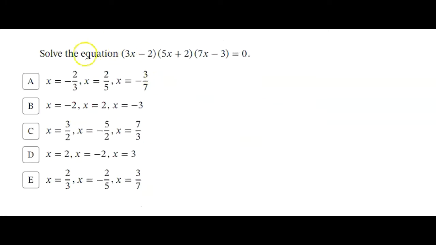So this is the question for the cubic equation. We need to solve the equation where this cubic equation is already nicely factorized into its simplest form, or we say factorized completely. So it's easy for us to get the roots. So to get the roots, I would say that 3x minus 2 equals to 0, or 5x plus 2 equals to 0, or 7x minus 3 equals to 0.